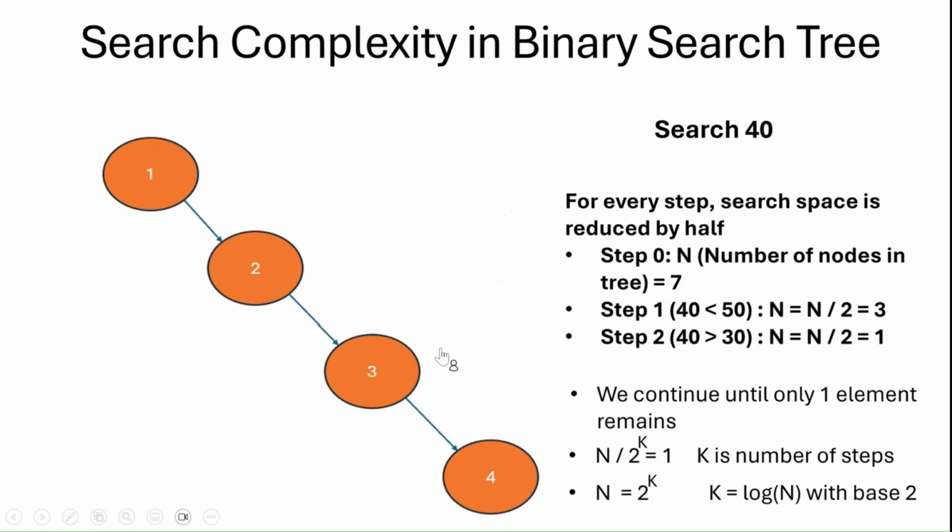So in a worst case, the time complexity in a binary search tree is O of n, because we need to check all the nodes of the tree. So in a best case or average case, we can say log of n, but in a worst case, it will be O of n to search any number, because we need to check all the nodes of the tree if the tree is a skewed tree like this.